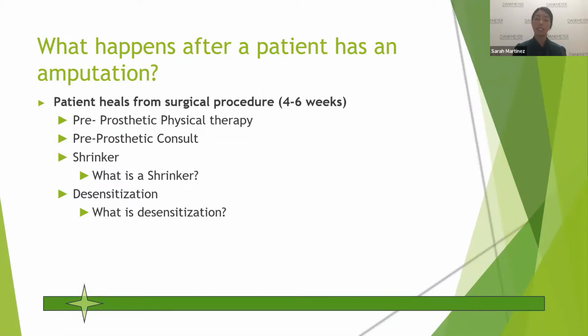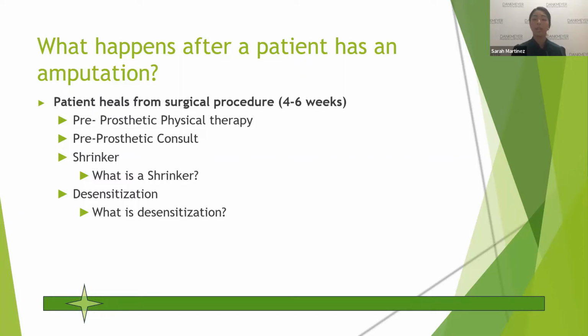So ideally, the patient will have pre-prosthetic physical therapy and a pre-prosthetic consult. And during that consult, we are educating the patient on the next steps of their rehabilitation journey now that they are an amputee, and what that looks like and what they can expect.